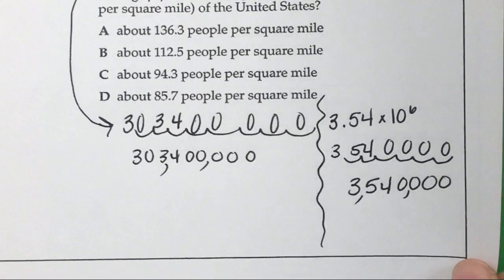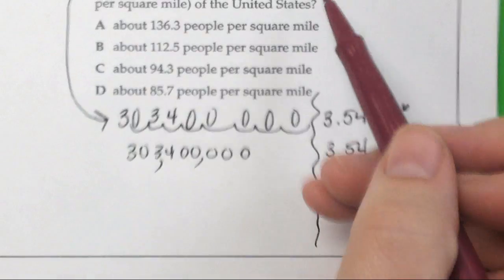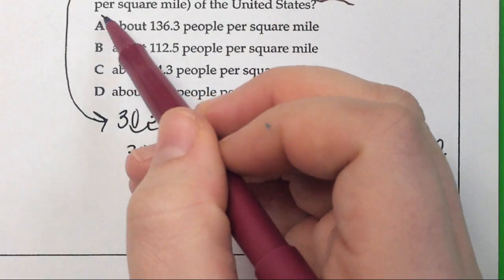Does Erin actually have to do her math like this? No, if she already understood what the exponents meant, she probably could have done it an easier way. So I'm going to show you what I'm going to do, and then I'm going to show you an easier way. When it asks for population density, it even tells you number of people per square mile.